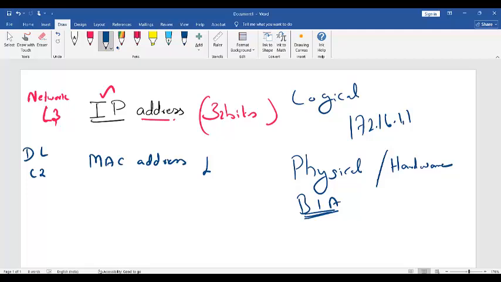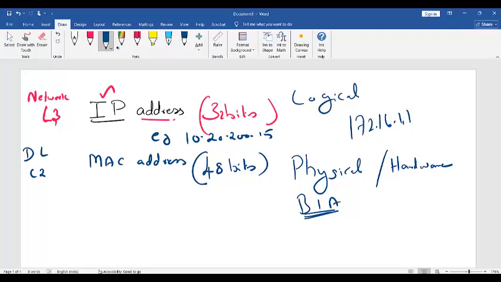Now this MAC address is 48-bit size. IP address is 32-bit size. MAC address is 48-bit size. But when we write an address, we don't write in binary. We write like this: 10 dot, 20 dot. We write in decimal.